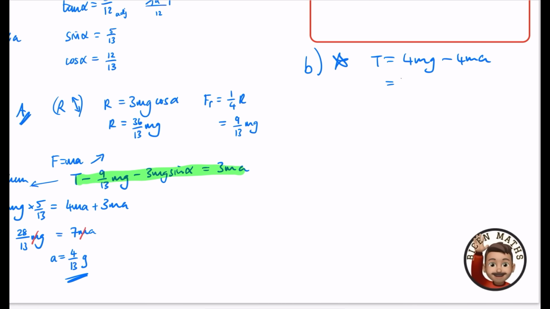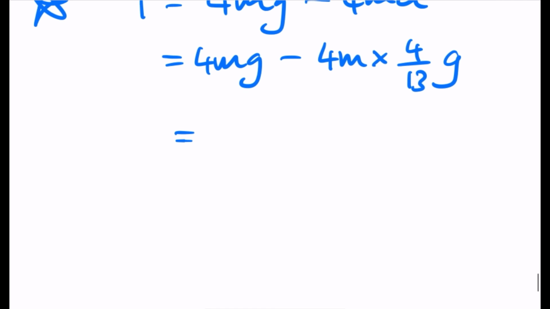So it is 4mg minus 4m times the acceleration, which is 4 over 13 g. So I'm going to be doing 4 minus 4 times 4 over 13, ignoring the m's and g's that we've got there, which is 36 over 13 mg.